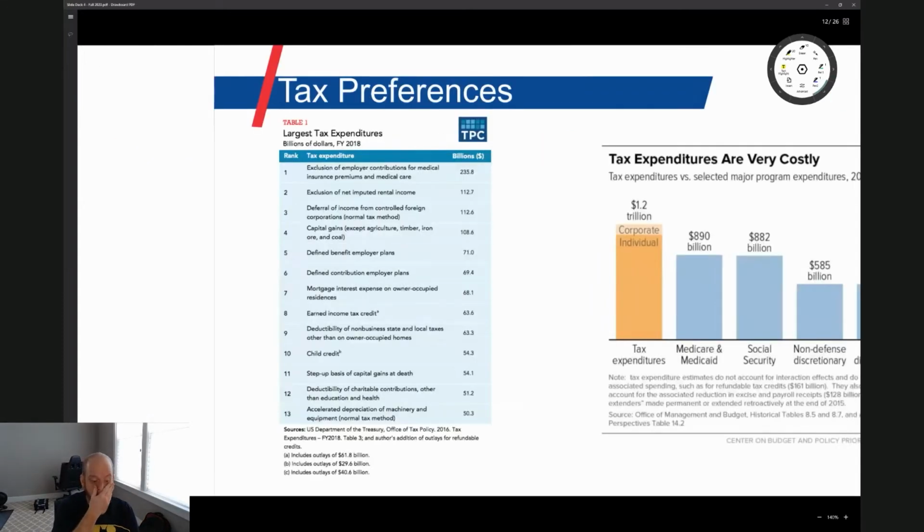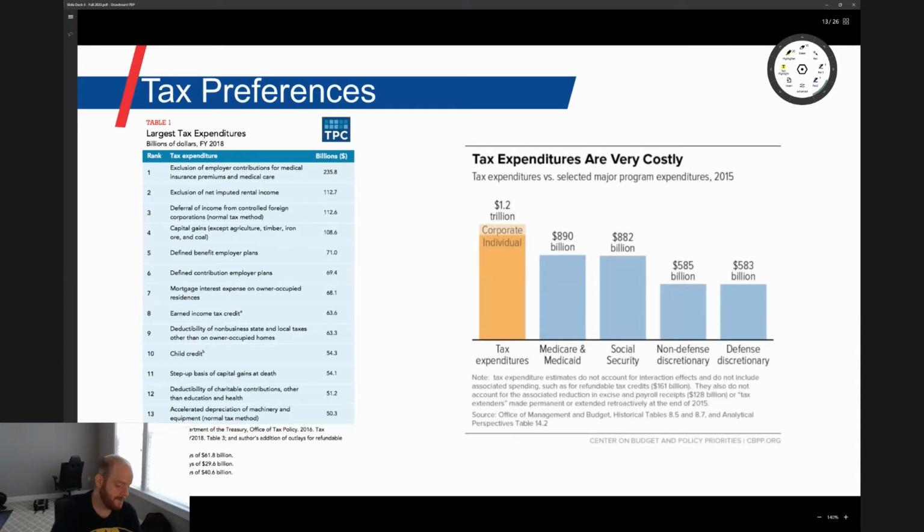Now, you can see here that different tax preferences create significant losses of revenues, right? So this right here shows the loss of revenues from different types of tax preferences.